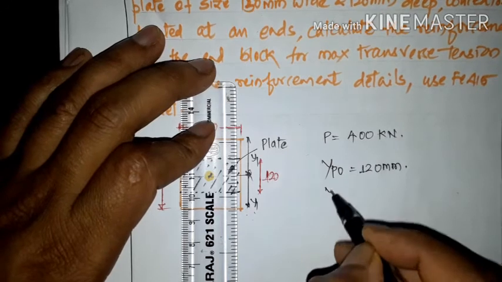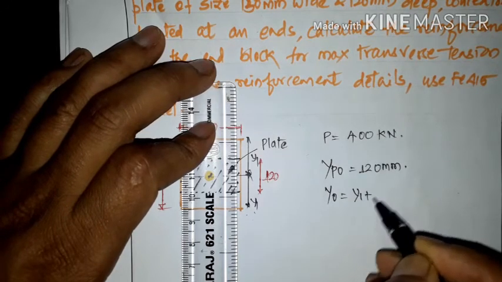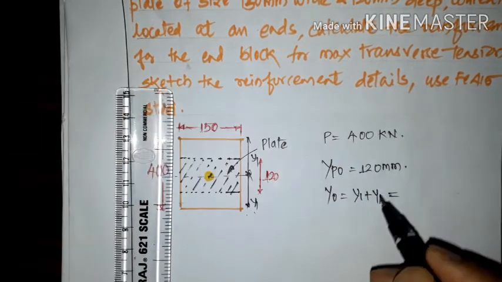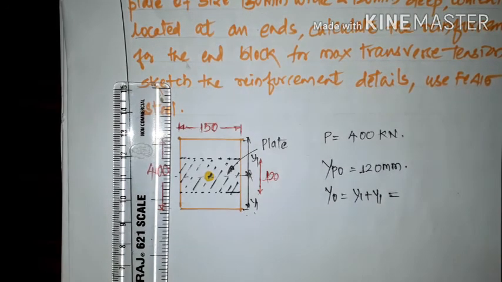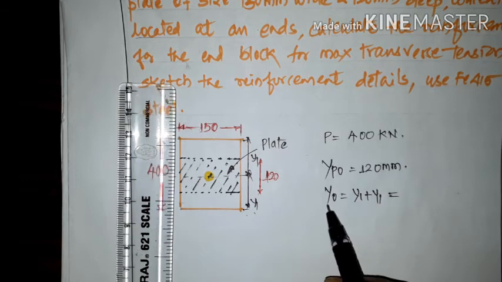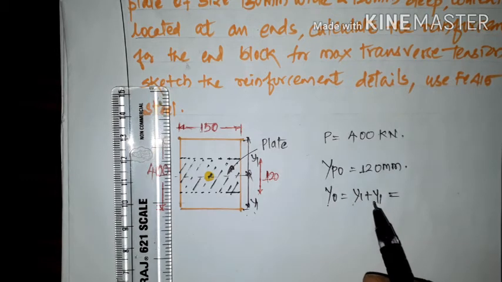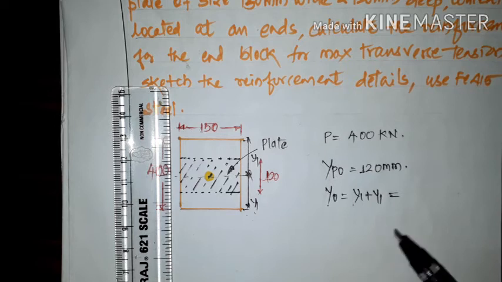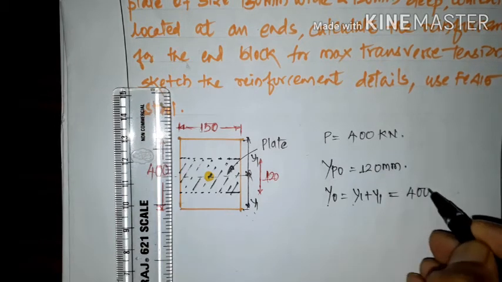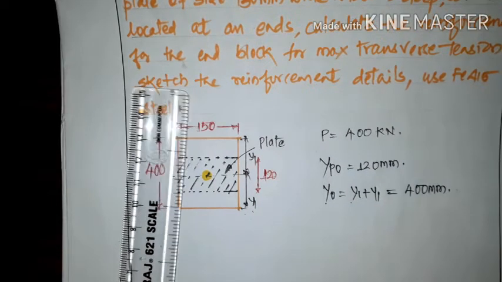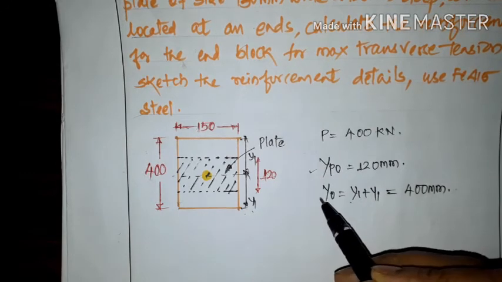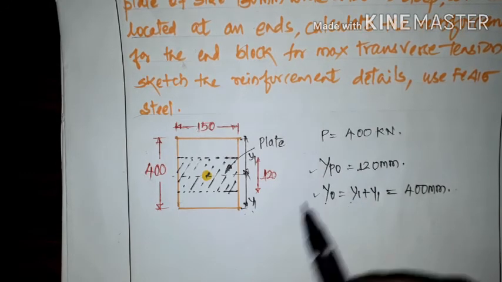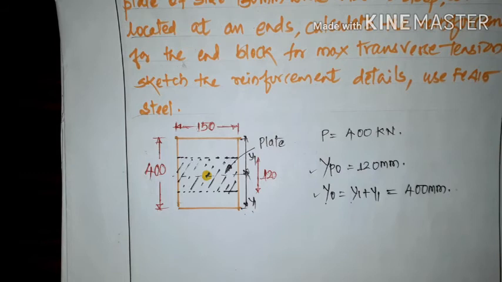So y0 is y1 plus y1, as I discussed in the determination of yp0 and y0. So y0 is 400 mm. So we got yp0, that is for the plate, and y0 for the prism.